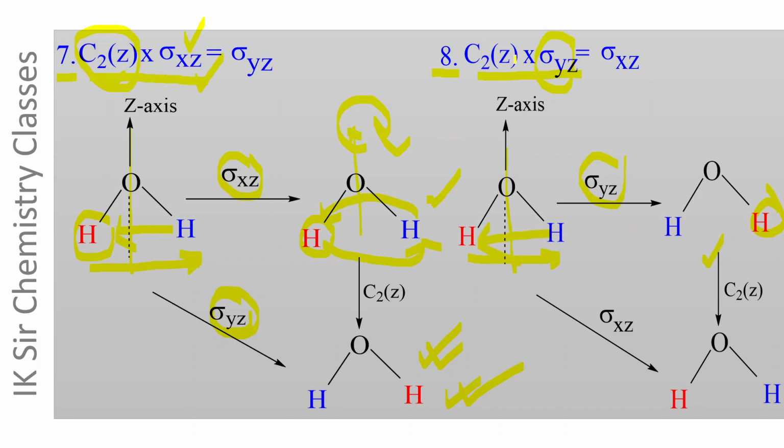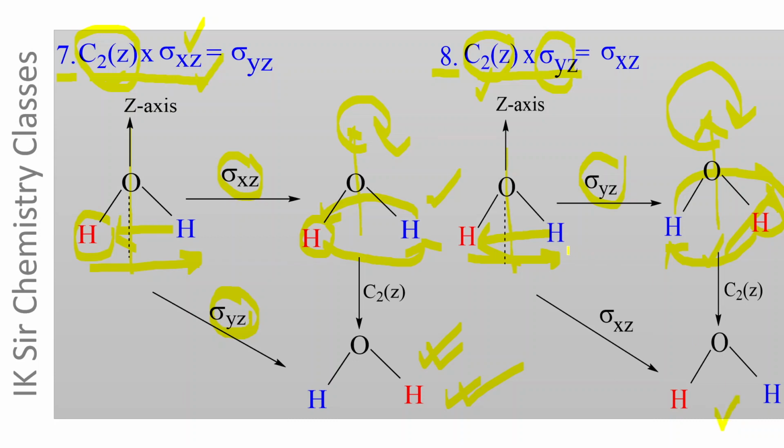And then the C2Z operation is carried out, which has been written on the left hand side. If this H2O molecule is rotated about Z axis by 180 degrees, this red colored hydrogen atom will come to this position and the blue colored hydrogen atom will come to this position, and the new orientation obtained is given here.